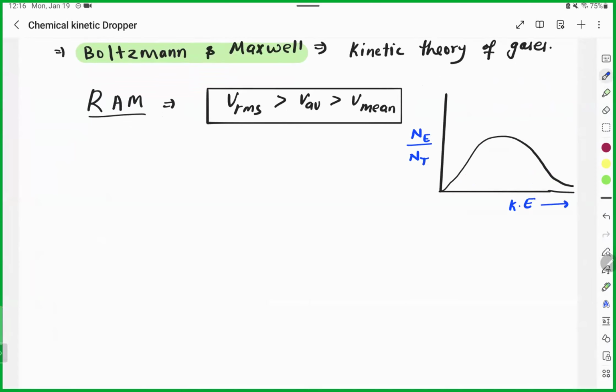If you increase the temperature, more number of molecules will have higher kinetic energy. And in this case, the tip will represent the most probable speed, most probable kinetic energy. Correct? Because here you have most probable speed, so it will have most probable kinetic energy. Any doubt, guys?